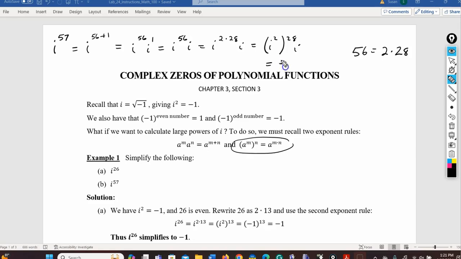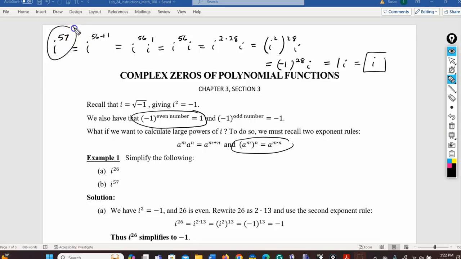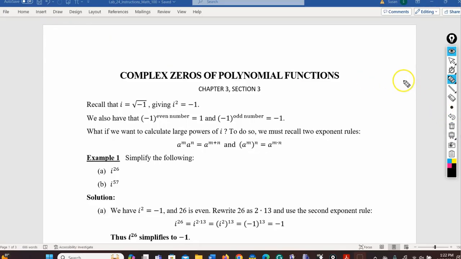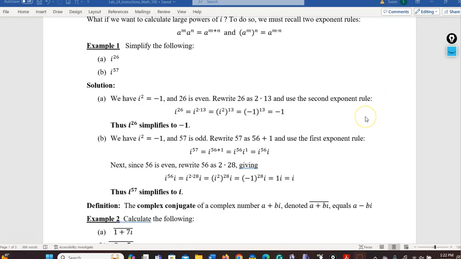And i squared is -1. Now -1 to an even power is just the number 1. So I have 1 times i, which is just i. And so i to the 57th simplifies to just i. And we can confirm that down here. Okay, so I've done that. All the steps that I did up there are in that part.